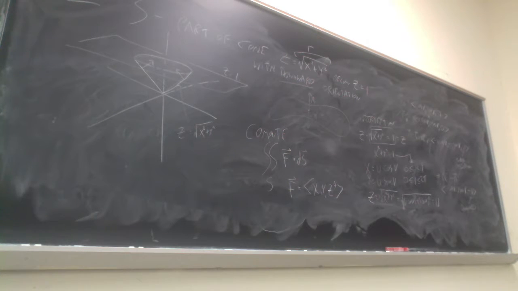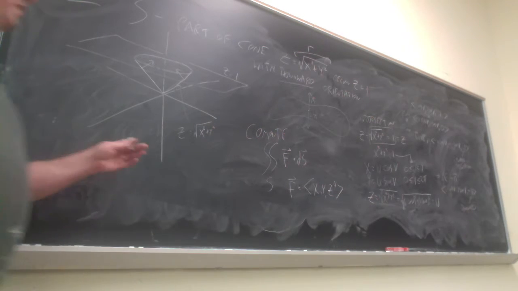For the other kind of problem, the previous example of integrating a scalar value function over a surface, orientation doesn't matter because we're only taking a magnitude of a normal vector, which is not going to be affected if you negate it. But when it's a surface integral of a vector field, then it matters.